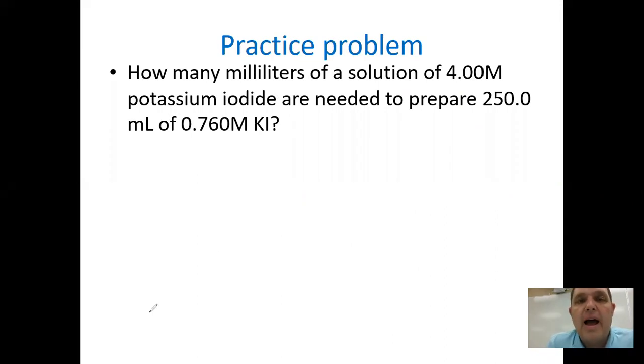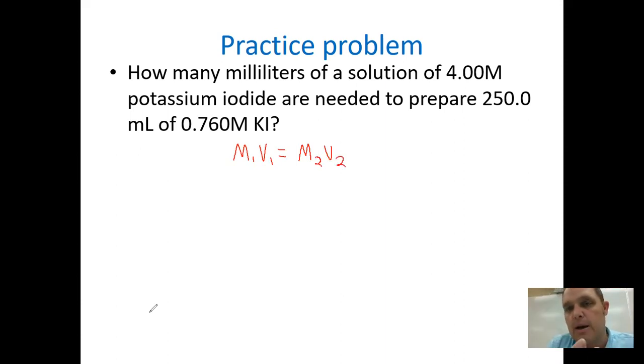So this says, how many milliliters of a solution of 4.00 molarity potassium iodide are needed to prepare 250 milliliters of 0.760 molarity KI? So let's start with our equation. M1V1 equals M2V2.